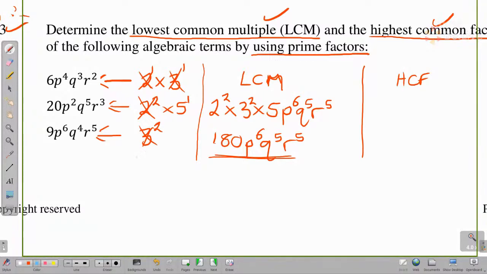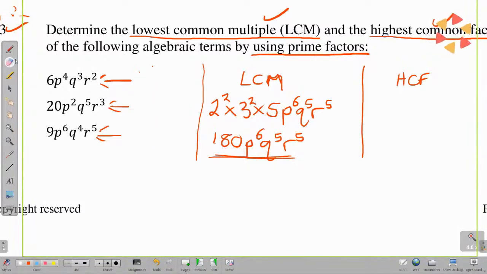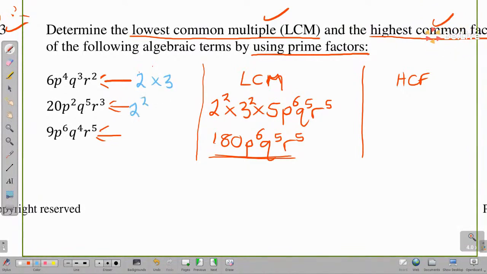For example, if I can write back on these numbers here, remember, this was 2 times 3. This was 2 squared times 5. This was 3 squared. Now, the first thing on the highest common factor, the number must appear in these prime factors. I expect the numbers to appear in all the three.